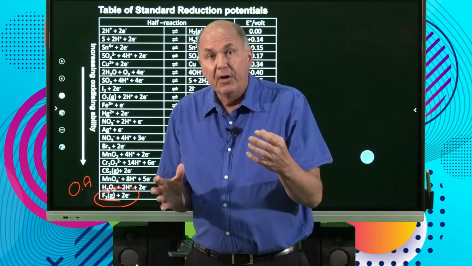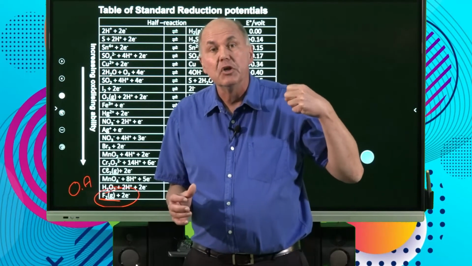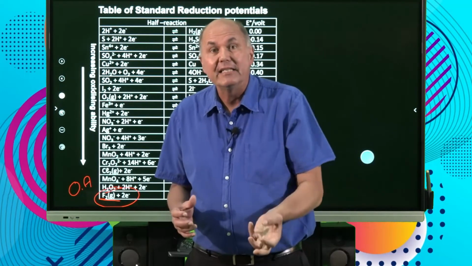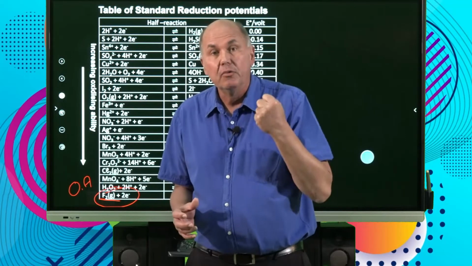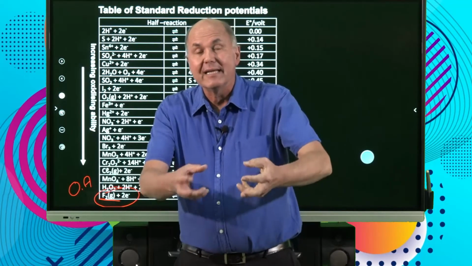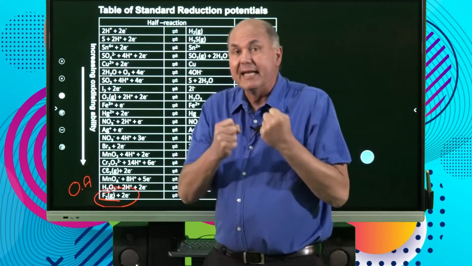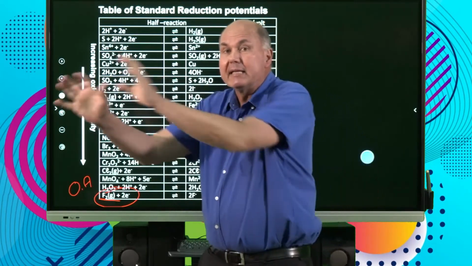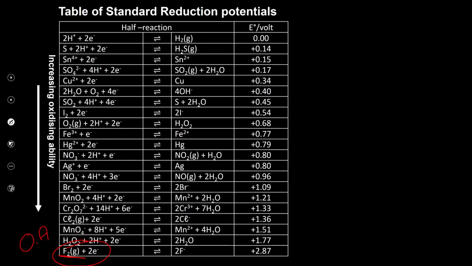And so it's the thing that is going to take electrons. It's going to undergo reduction. So the oxidizing agent takes the electron, and it makes something else out of it. In this case, fluorine would gain electrons, and it would make fluoride ions.